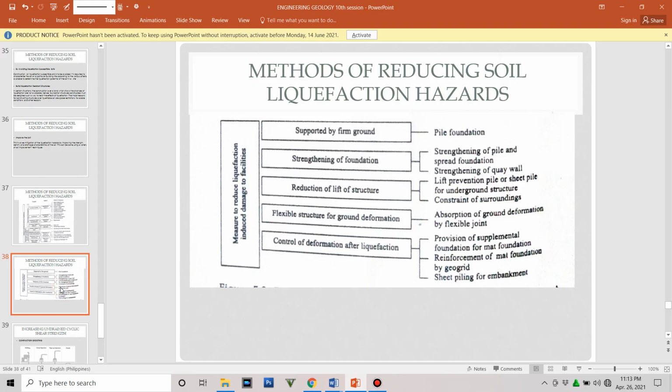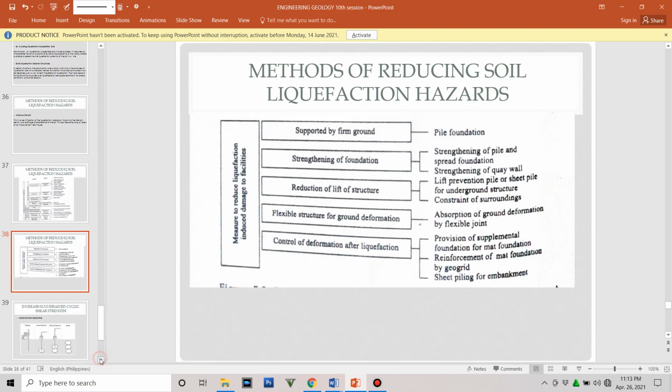So hindi basta-basta namimili. Okay, there are a lot of cases, especially during these times, marami nang lumalabas na study at hindi yan nakikita sa textbook. So it can be seen more on literatures or experiments and scientific methods.